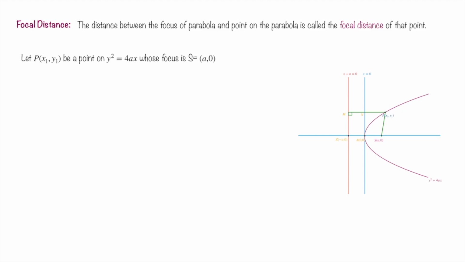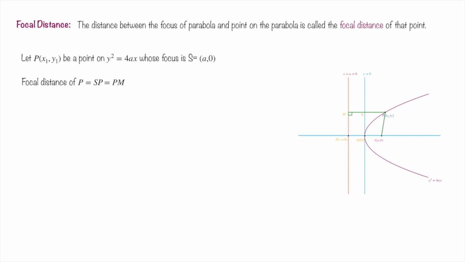By definition of focal distance, the focal distance of the point P must be equal to SP, that is, the distance from this focus to that point. And from the definition of the parabola, we should have SP equal to PM. PM is what? The perpendicular distance from this point to this directrix.